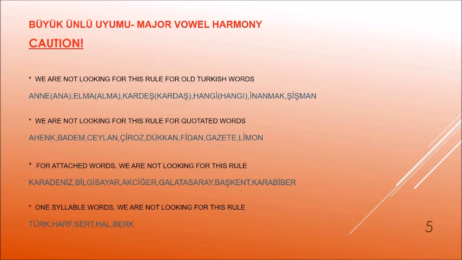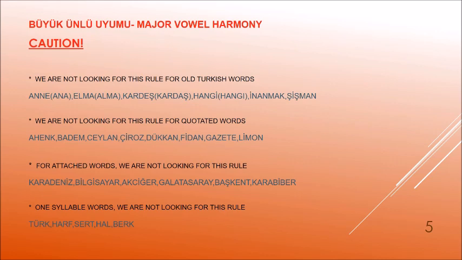There are some irregularities in this rule that we must be careful about. In which cases can we look for major vowel harmony? Let's see it together. Our first rule says we are not looking for this rule in all Turkish words. You can see all Turkish sayings in parentheses, such as anne, ana, elma, alma, kardeş, hangi, and so on.